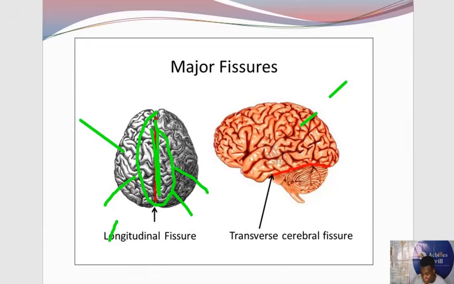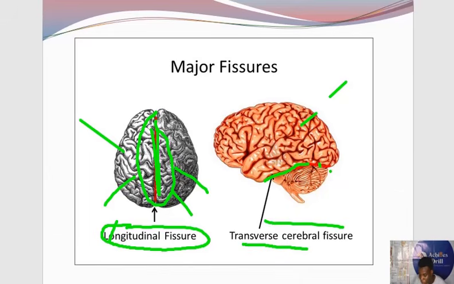That fissure can be pinned in your steeplechase. And even right here, there is also this fissure called the transverse cerebral fissure. The transverse cerebral fissure demarcates the cerebrum from the cerebellum inferior right there. That fissure is running transversely.